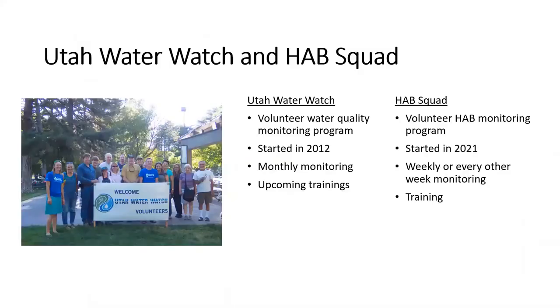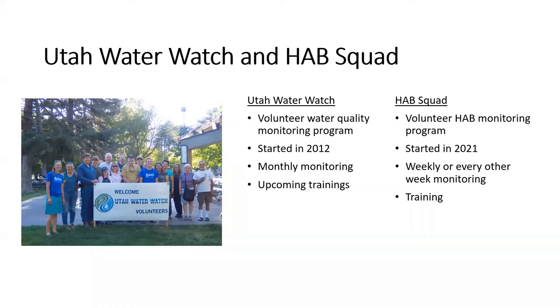For our HAB monitoring program, we have the Utah HAB squad. This is a chance for you to go out and look for these harmful algal blooms. We've also learned it's really cyanobacteria that we're looking for. Monitoring at a site weekly or every other week matters, because these blooms can start and stop very quickly.